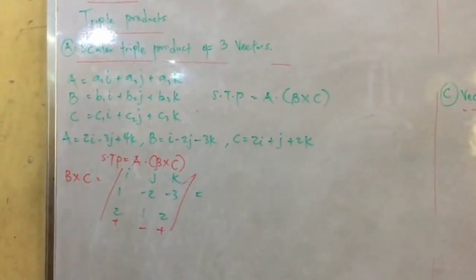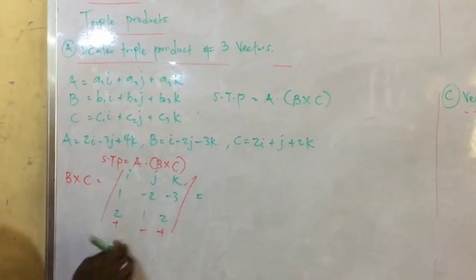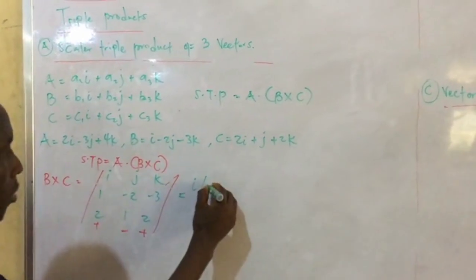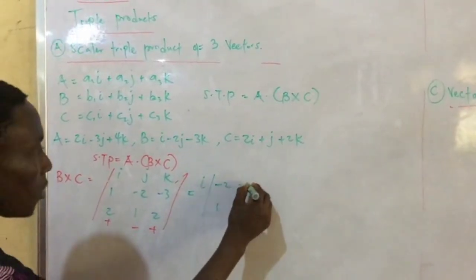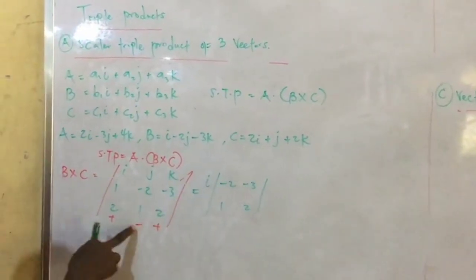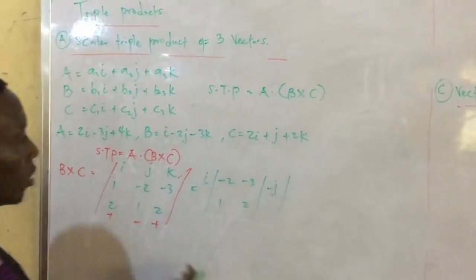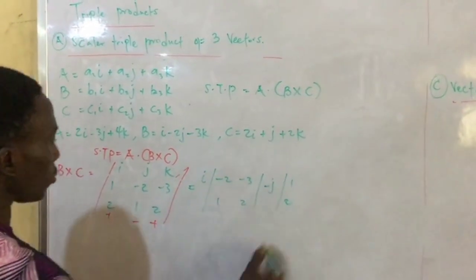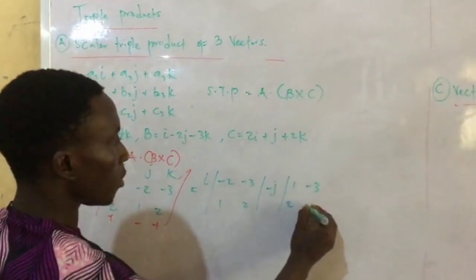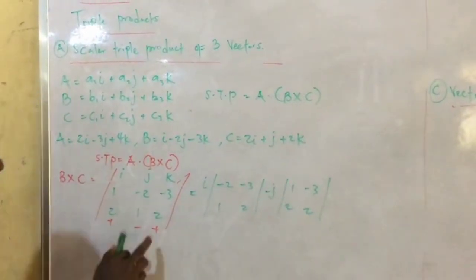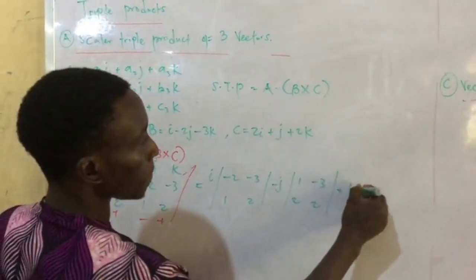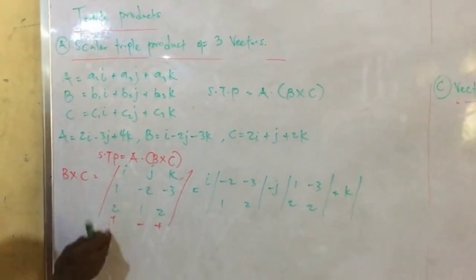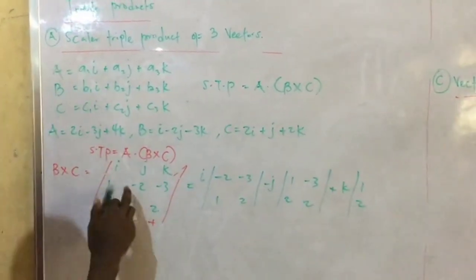That's the rule that we use in determinant. So we take out this row and this column, then we focus on this. We have I into minus 2, 1, minus 3, 2, then minus J, this goes out, we have 1, 2 and minus 3, 2. Then plus K, this goes out, we have 1, 2 and minus 2, 1.